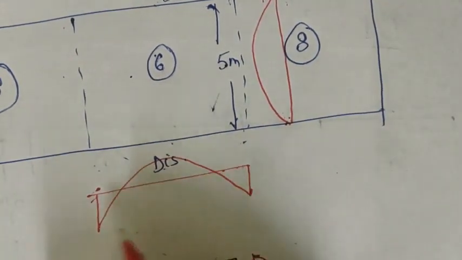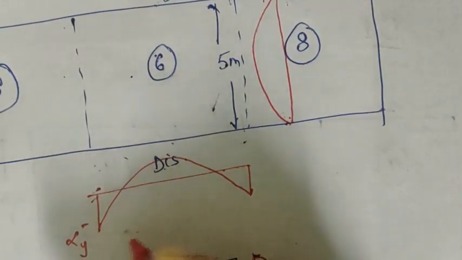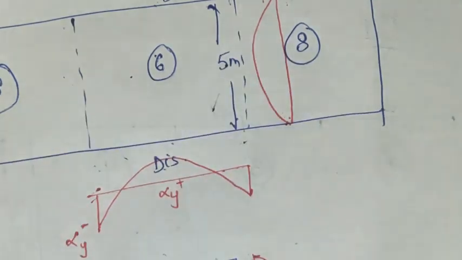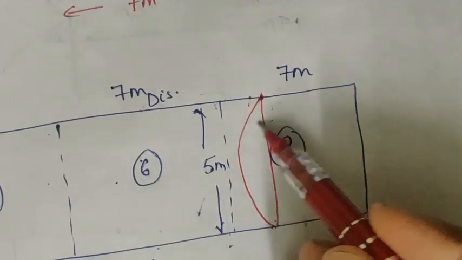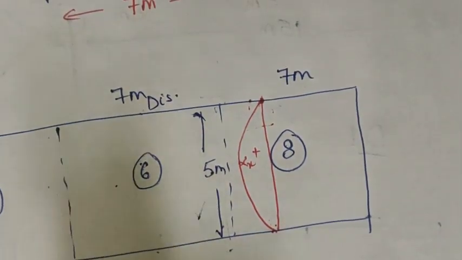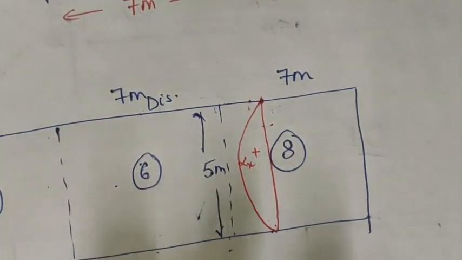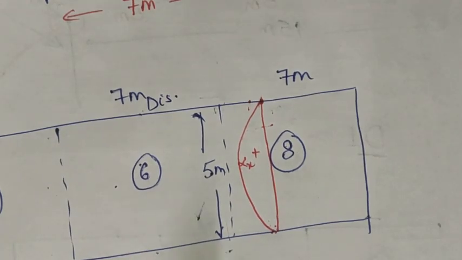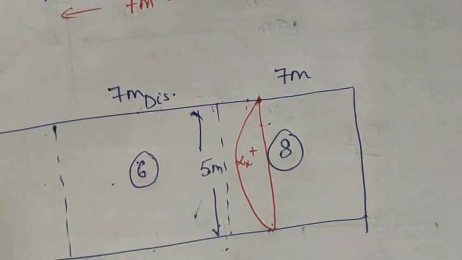So along this direction it will have both y minus and y plus. But in this direction we will only have x plus. Is it okay? Similarly, you can see other cases and find out why in some cases there is no moment coefficient given, because the conditions of the slabs are like that. Clear?